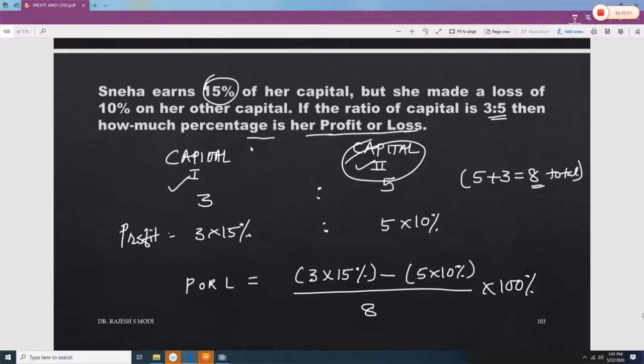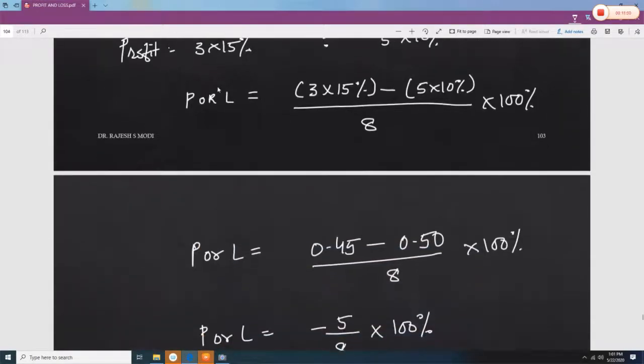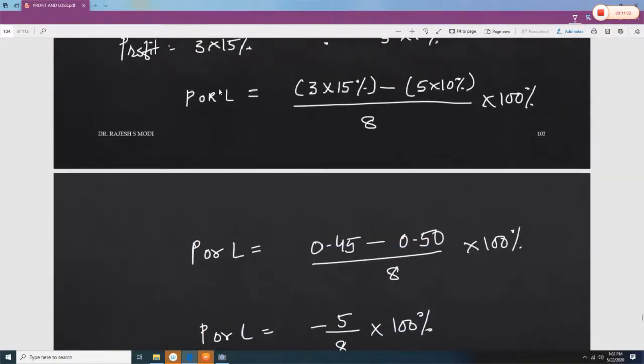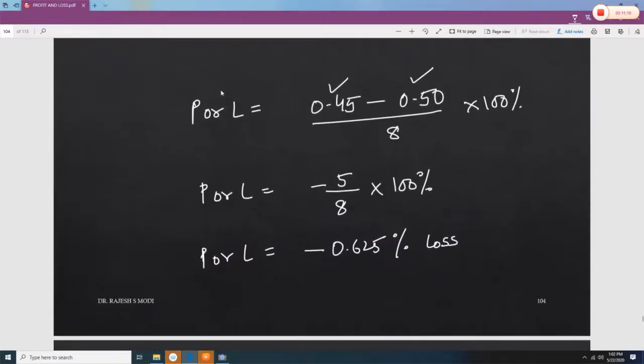So 3 into 15% and 5 into 10%, divided by the total, 3 plus 5, that is 8, multiplied by the percentage. So 3 into 15% is 0.45, and 5 into 10% is 0.50, divided by 8 into 100%. So 0.45 minus 0.50 is minus 0.05 divided by 8 into 100%, that comes to 0.625% loss.